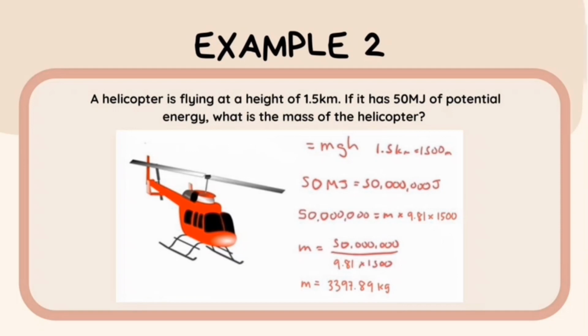So to find the mass of the helicopter, just put all the information that we already know into the formula, which is 50 million equals m multiplied by 9.81, which is gravitational acceleration, multiplied by 1,500.